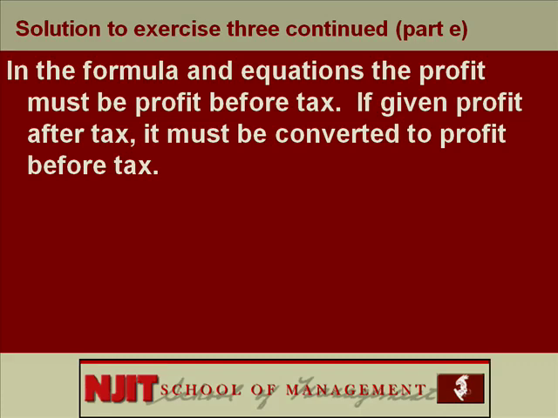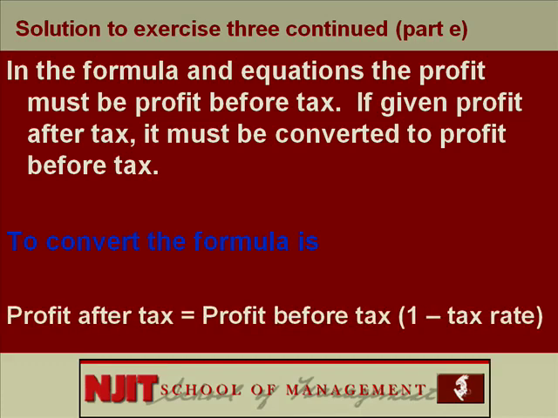So in a problem, if you are given profit after tax, you have to convert it to profit before tax. To convert, the formula is profit after tax equals profit before tax times 1 minus the tax rate.